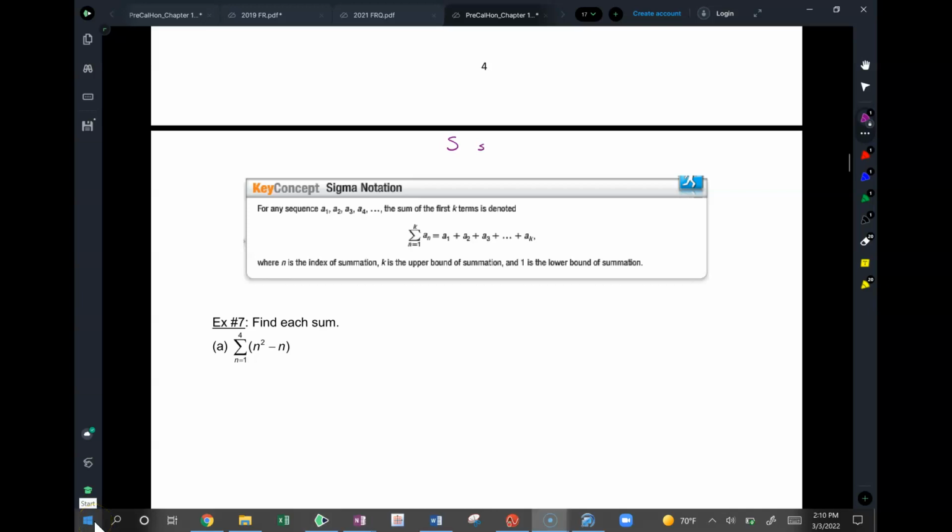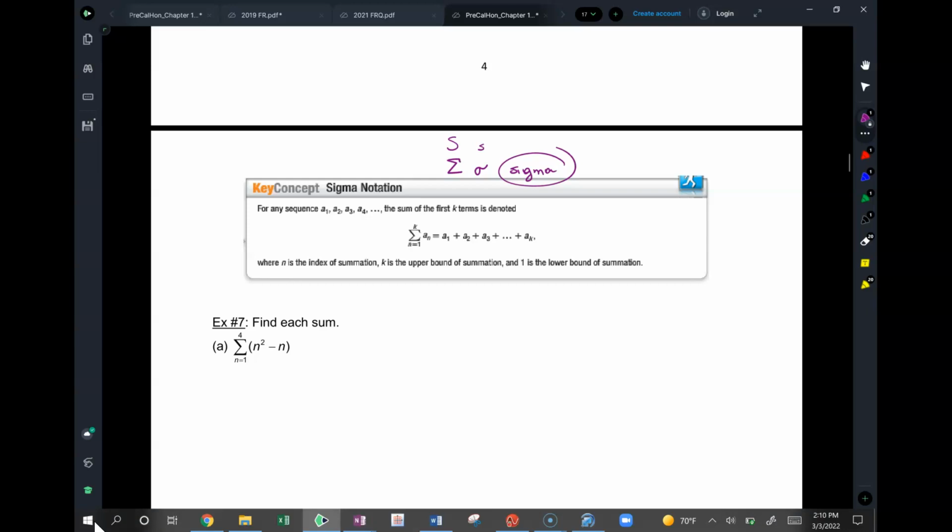In Greek, the letter that makes the S sound, the capital is sigma like this. This is capital sigma, and lowercase sigma is this. Just like S is used for sum, so is sigma.